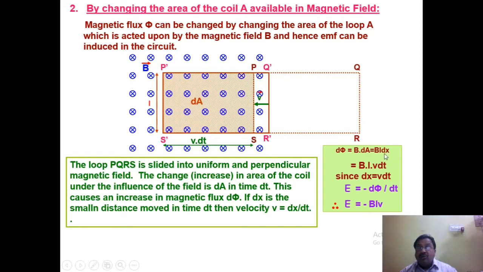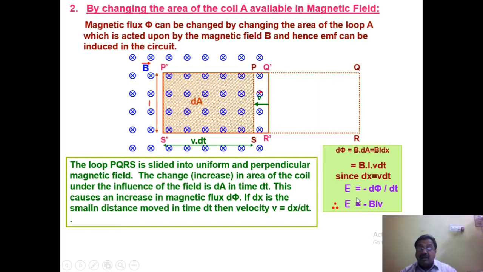But V equals dx by dt, so dx equals V dt. Substituting V dt in place of dx, we get d phi equals B L V dt. So d phi by dt equals BLV.